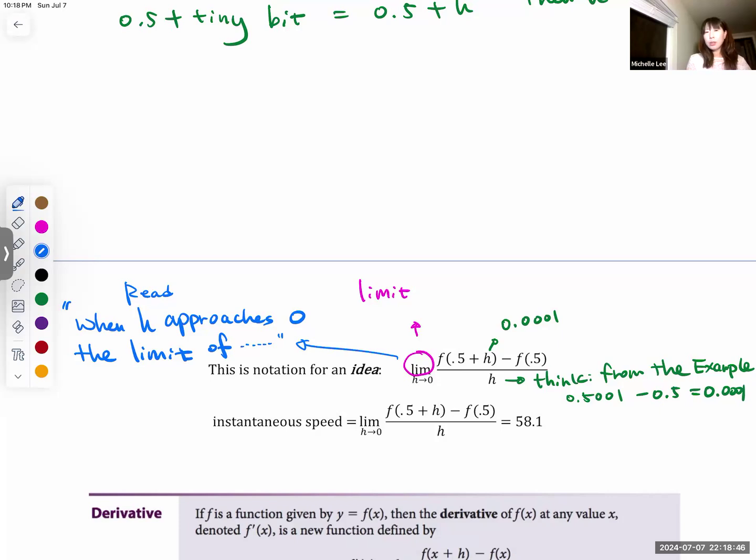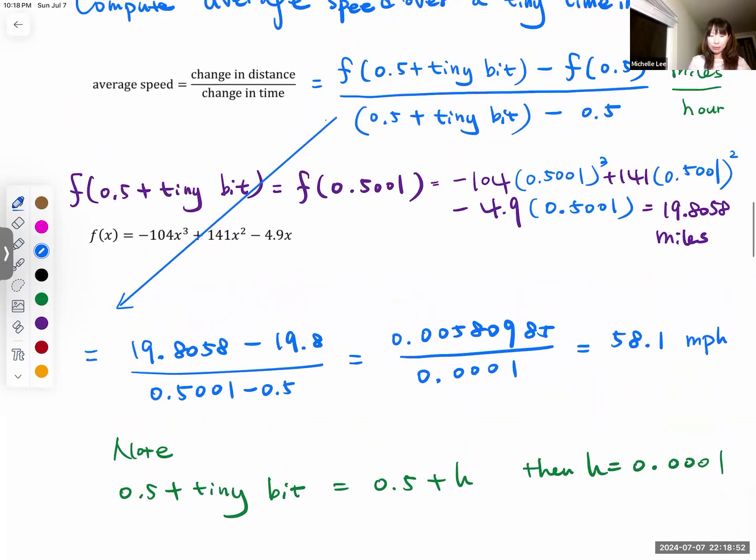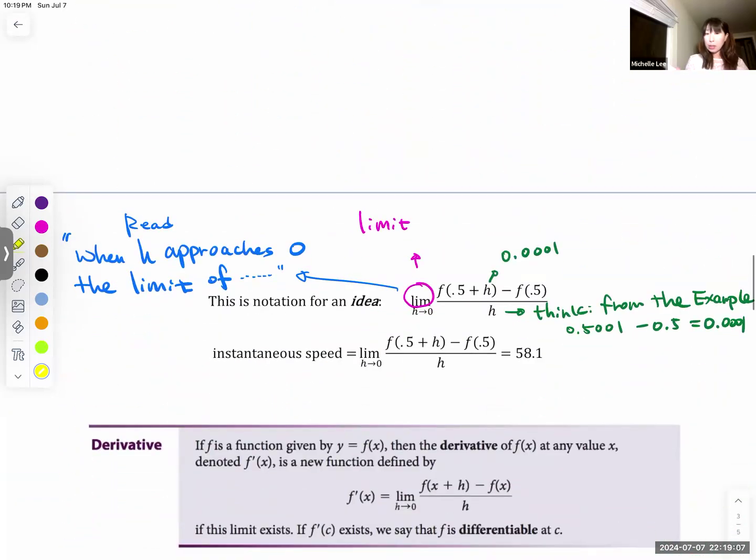Okay, so this one was average, right? We had average speed. So average speed was change in distance over change in time. Now we had exactly the same as average distance, right? Oh, did I say average distance?